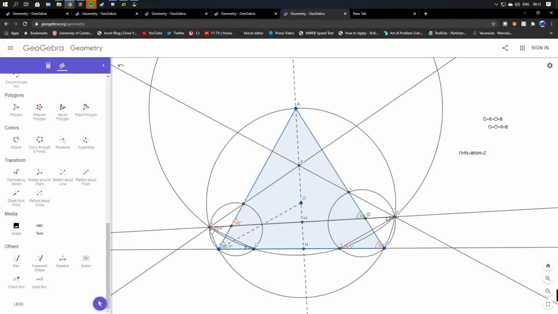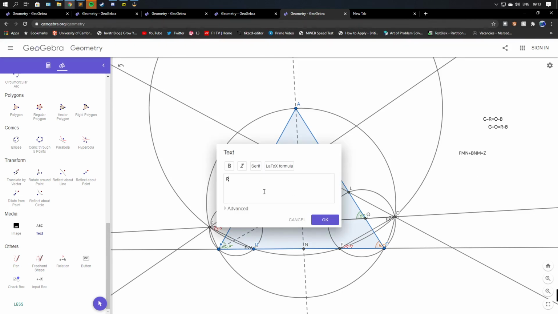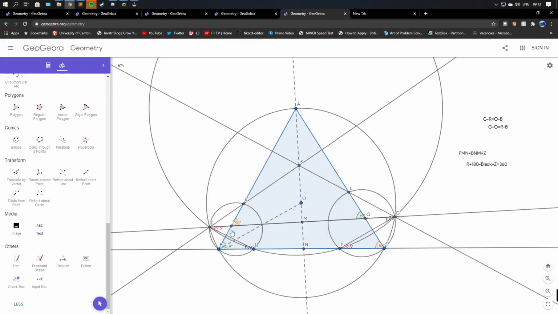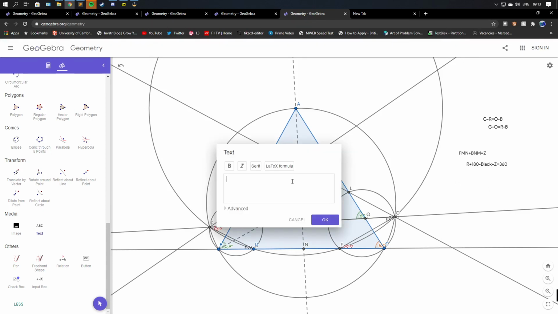Then the angles in FMND are going to sum to 360 degrees, which means we have the equation red plus 180 minus black plus Z equals 360. And in MPBN, we have that green plus 180 minus orange plus Z equals 360.